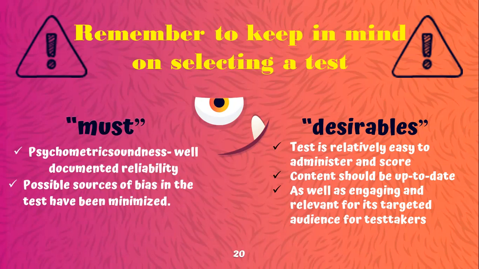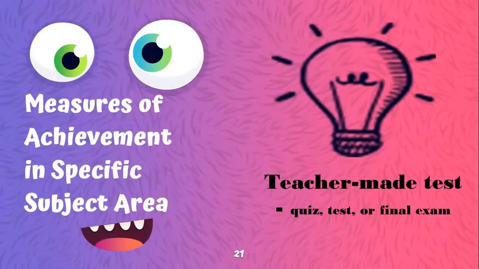So next, sa atong achievement test, measures of achievement test is the measures of achievement in specific subject areas. So it is a teacher-made test. So kini nga measures of achievement test, mao ni ang mga quiz, mga test, or final exam.